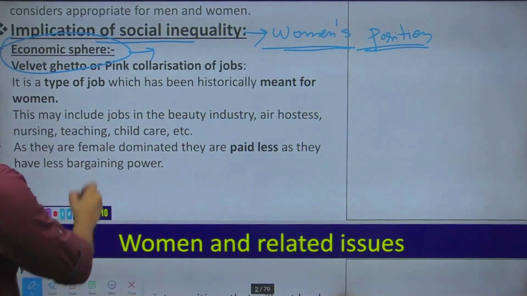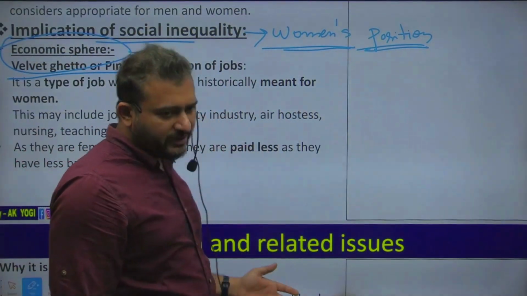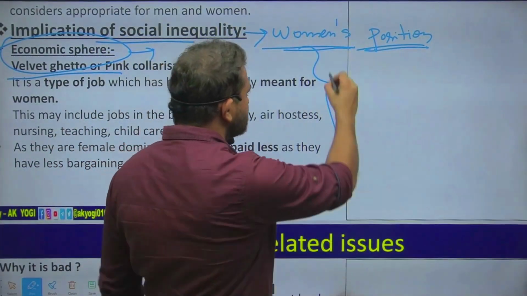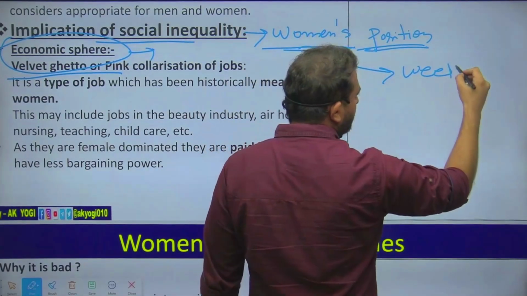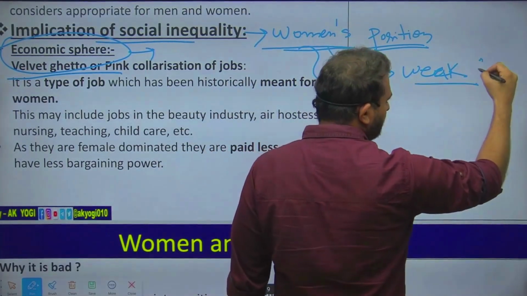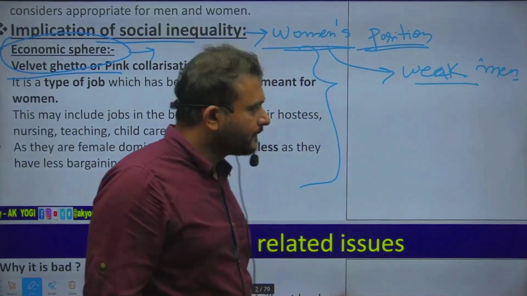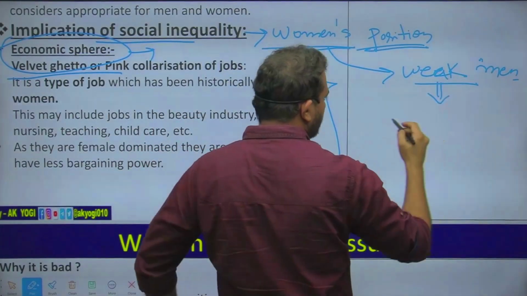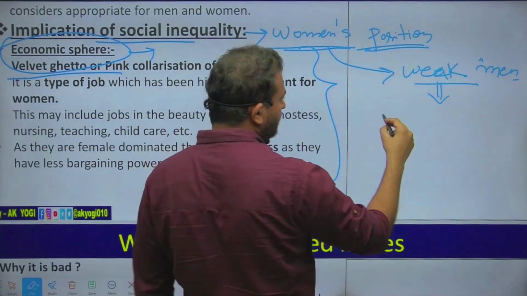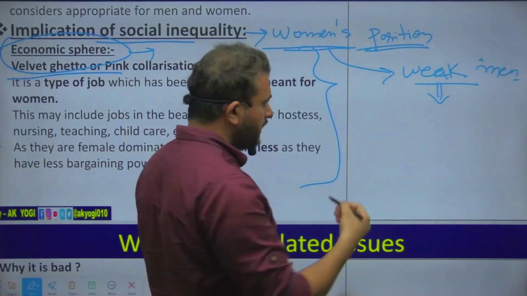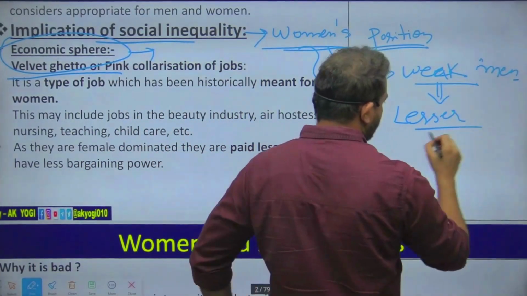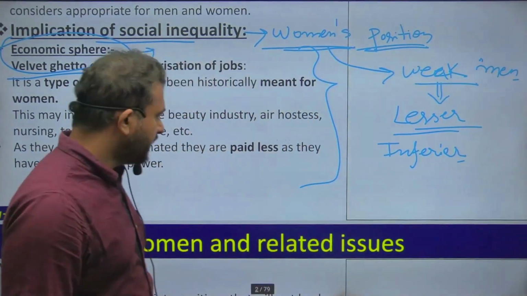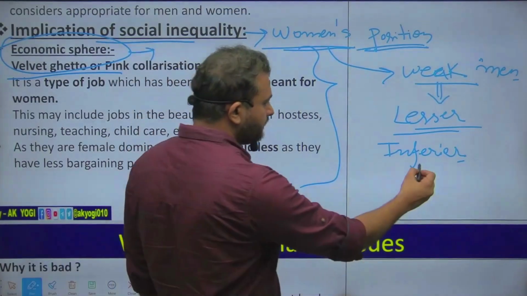There are some phenomena which we need to discuss: that female are considered weaker than men. That means the position of female with respect to men will be lesser or inferior. So that is inferior because of discrimination.